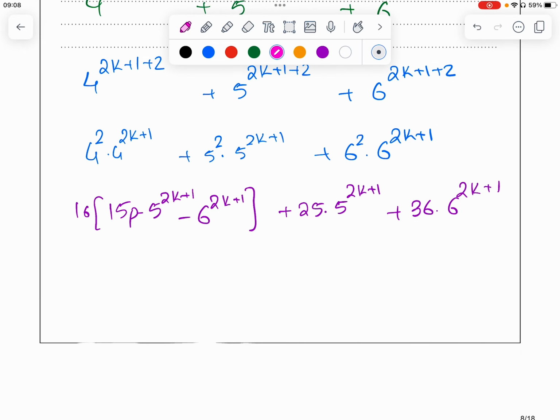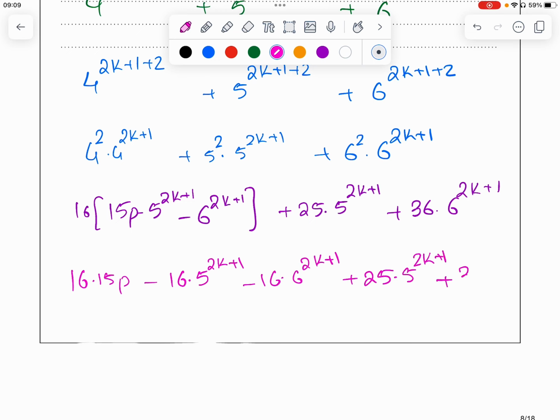So what can I do with that? 16 times 15p minus 16 times 5 power 2k plus 1 minus 16 times 6 power 2k plus 1 plus 25 times 5 power 2k plus 1 plus 36 times 6 power 2k plus 1. Now we can see these two are like terms and these two are like terms.